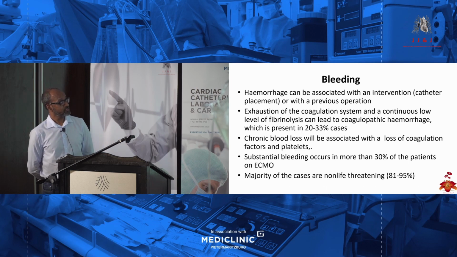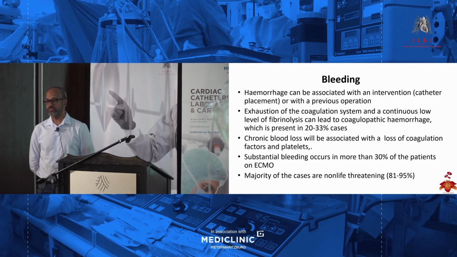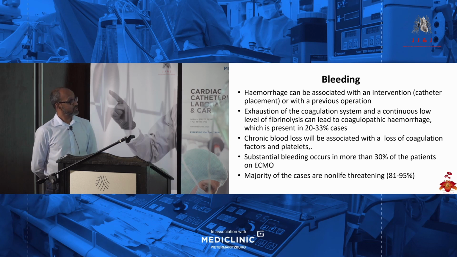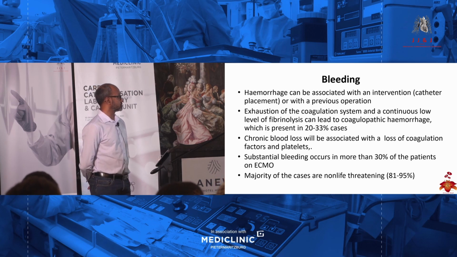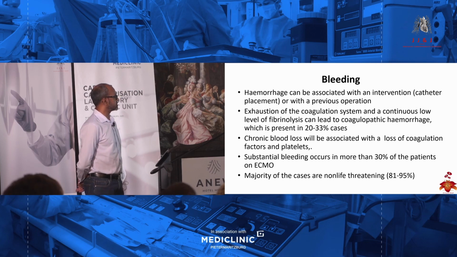So bleeding, first of all. As Jerome showed us in the first picture, once you cut into a patient, you're going to have bleeding. When you put these huge catheters into a patient, you're going to have bleeding. Is the patient just out of theater? Exhaustion of the coagulation system and a continuous low level of fibrinolysis can lead to coagulopathic hemorrhage, and this occurs in 20 to 33% of cases.